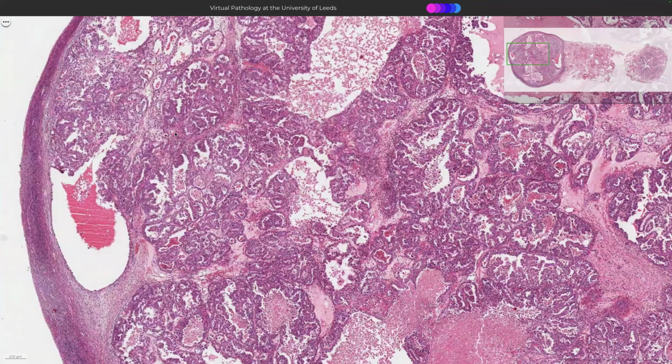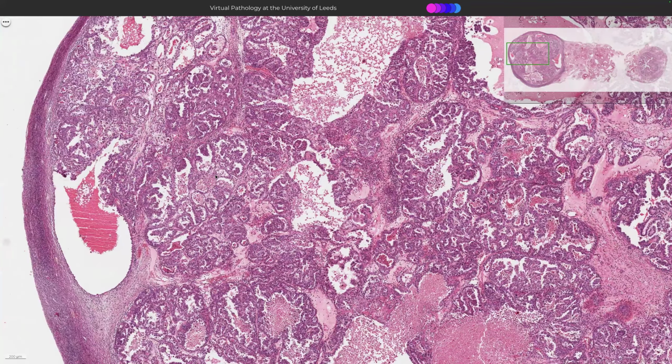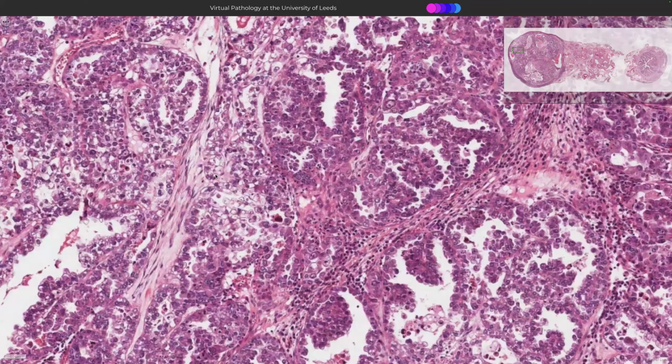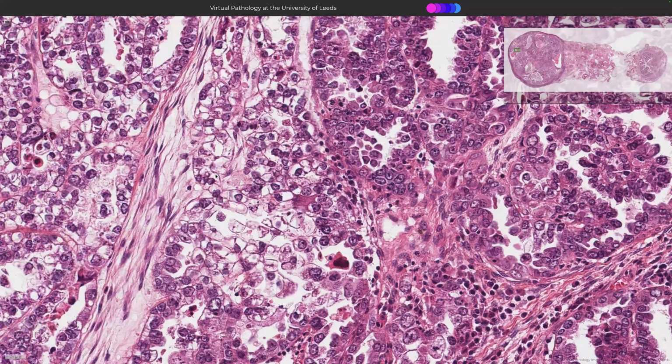Okay. And you're going to look at this and say, hey, Diane, those cells are not particularly clear. Some of them are clear. Both serous and endometrioid can have some clear cells in them. But the thing that characterizes the clear cell carcinoma is that it has really well-defined cell borders.